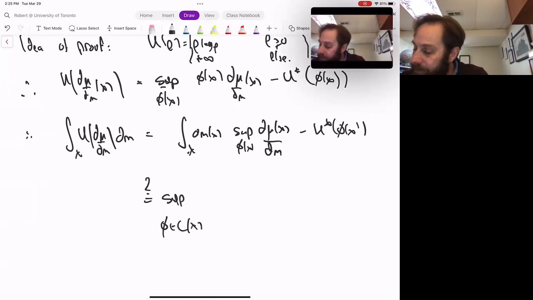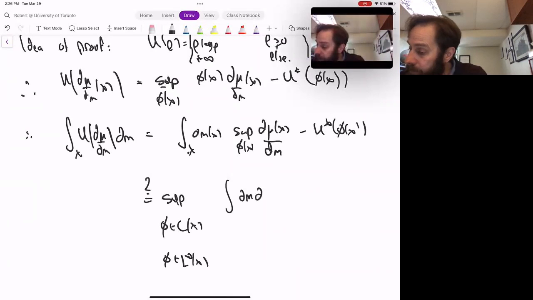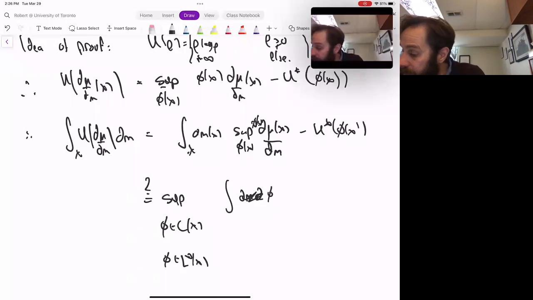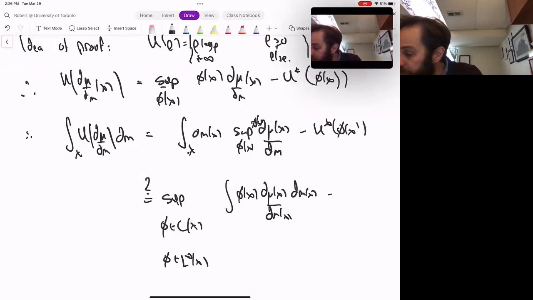either in the space of continuous bounded functions or in the space of L infinity, and have the integral dm. Sorry, there should have been a phi here. Phi of x. So the integral of phi of x d mu dx dm dm x minus u star composed with phi dm.